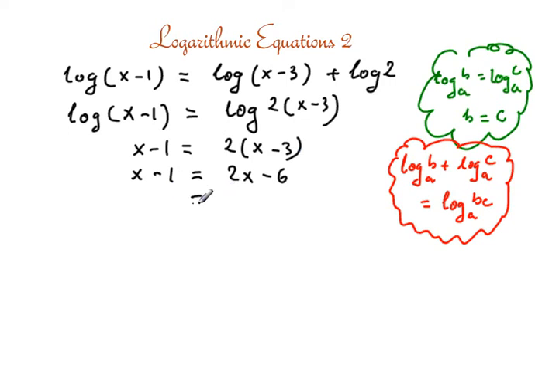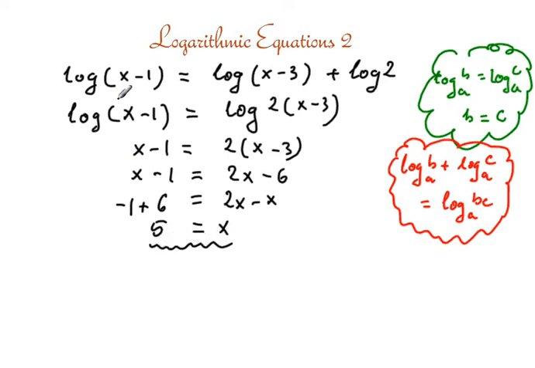Bring everything to one side that contains x. Let us keep x on the right hand side for now. So 2x minus x, and on the left side I have negative 1, move negative 6, so plus 6. So I have x on that side and 5. Therefore it seems like the value of x is 5.